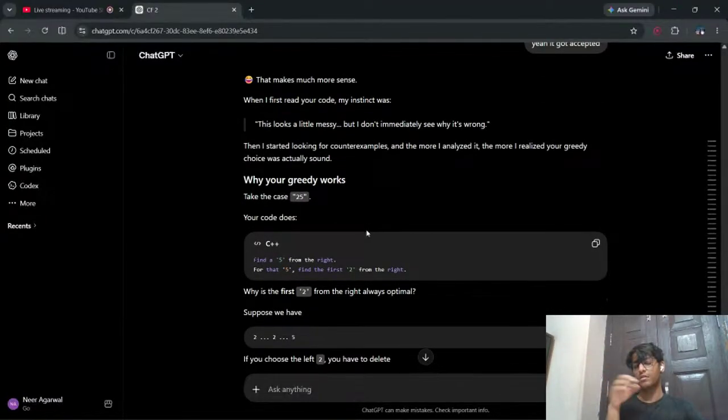Because in every case, that 25 will actually be the minimum because it's shrinking the gap like this.